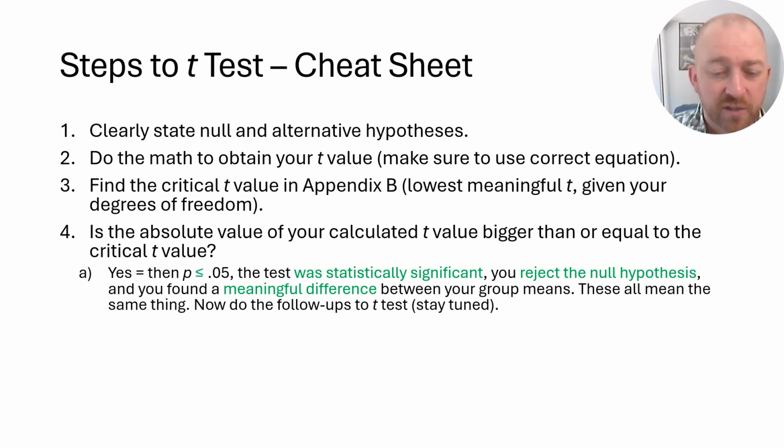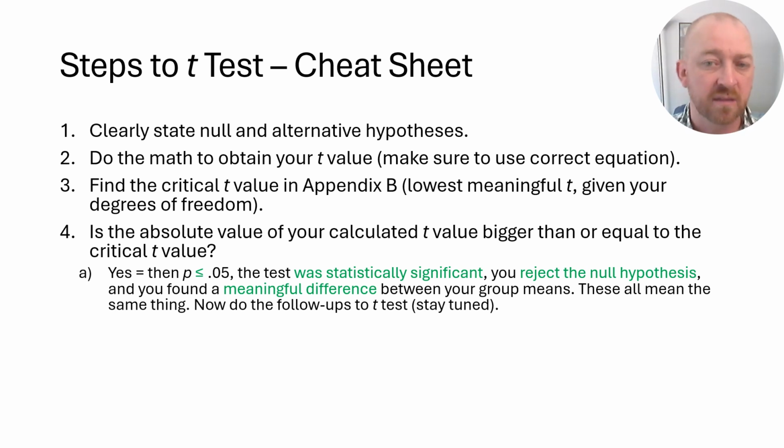If it is larger than the critical value, or if it's at least farther away from 0 than the critical value, I'll say that, to account for those negative values, then it was statistically significant. You reject the null hypothesis, and you can say you found a meaningful difference.